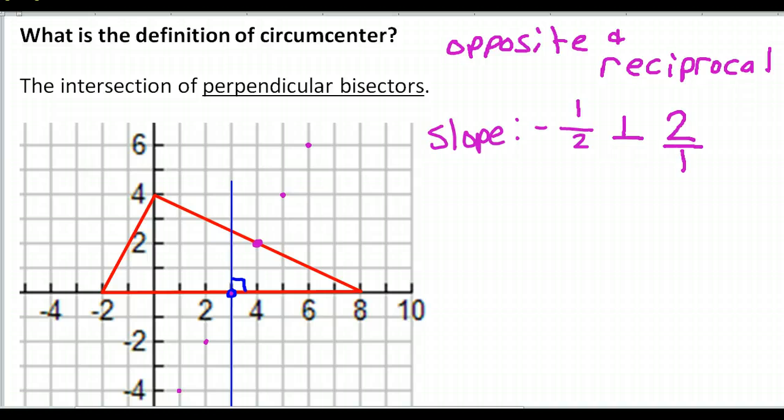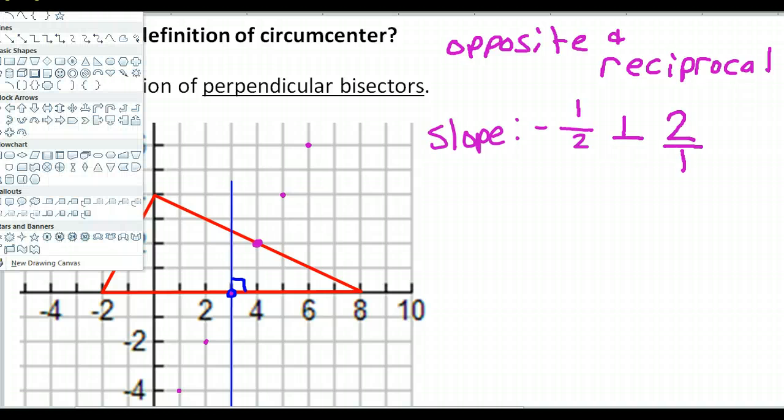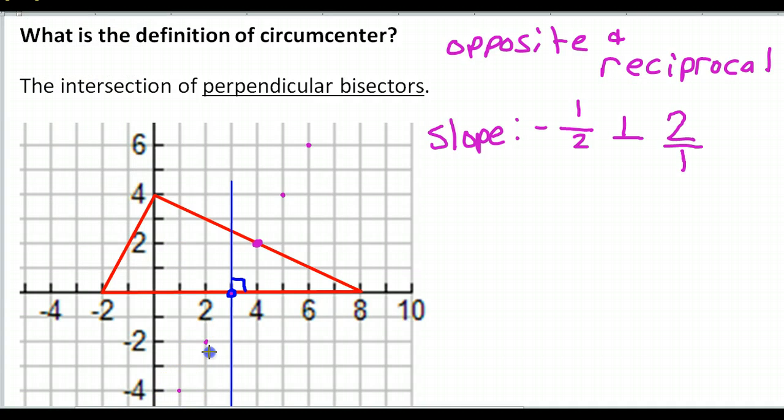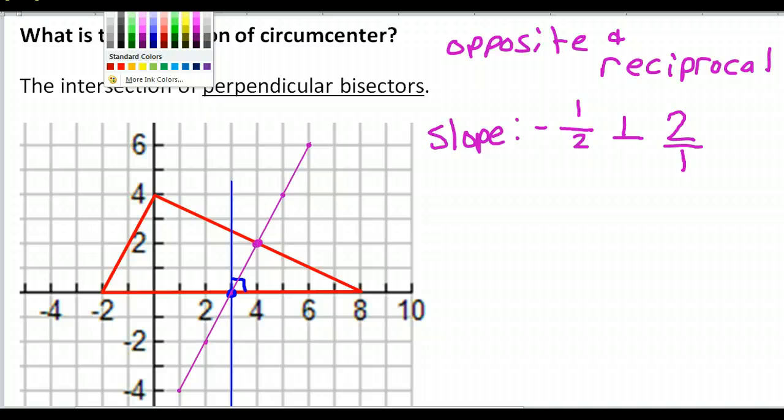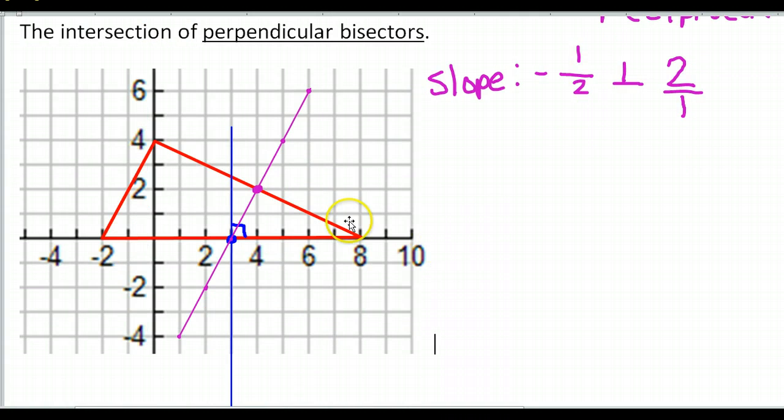I'm going to go ahead and draw the line. Okay, so this purple line is another perpendicular bisector. All right, it's perpendicular right here, and it's a bisector, it's the midpoint.